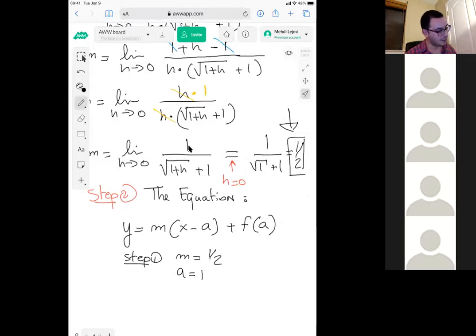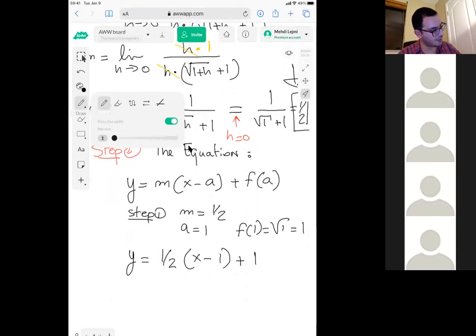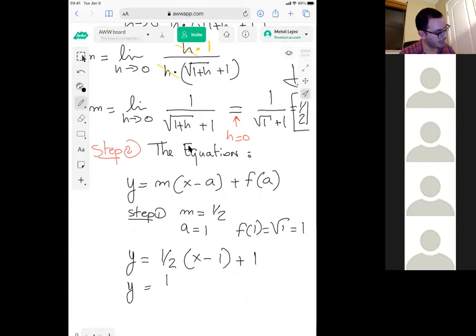That's a. So we said the equation of the tangent line at x equal to 1. So a is 1, and f of 1 is just the square root of 1, which is 1. So now we can compute our equation. It's y equals half times x minus 1, plus f of a, so that would be plus 1. We distribute, so minus half plus 1.